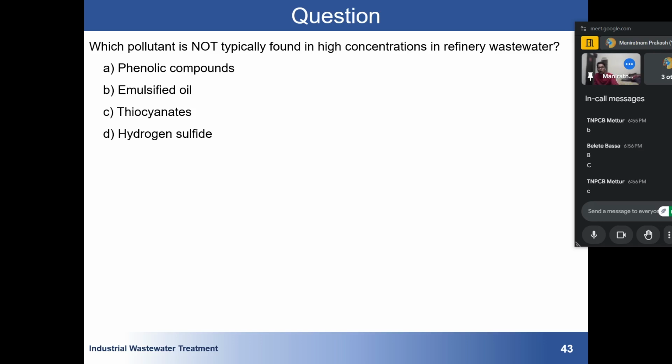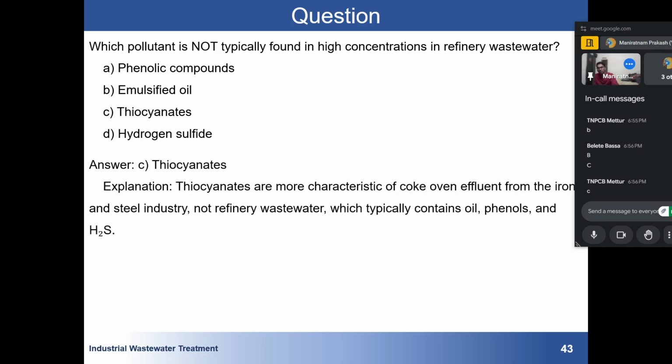C. Thiocyanates. Yes, thiocyanates are more characteristic of coke oven effluent from the iron and steel industry, not refinery, which typically contains oil, phenols, and H2S. In refinery we get these three, but this is only found in the coke industry, or blast furnace.